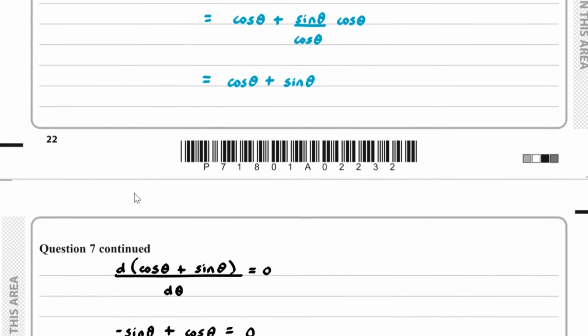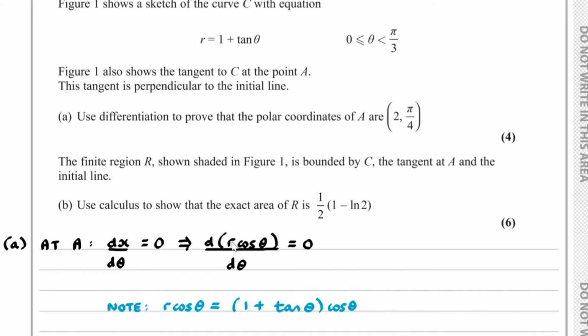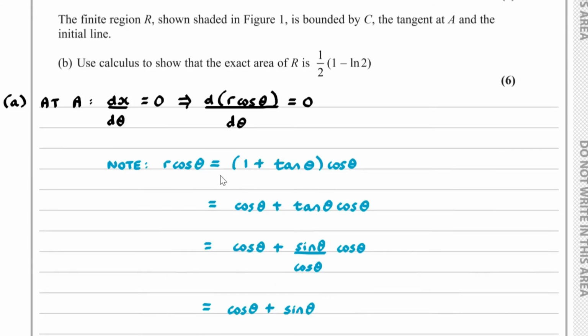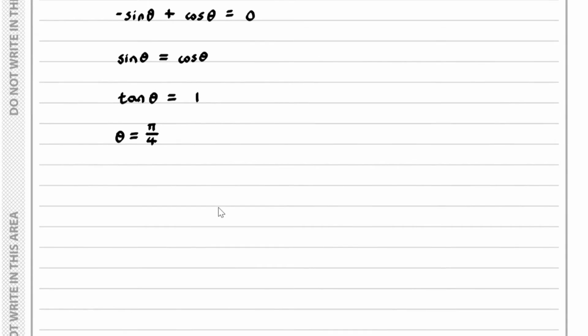And knowing what theta is, we can find out what r is. If we find out what r is when theta equals pi over 4, we have 1 plus tan of pi over 4, which is equal to 2.